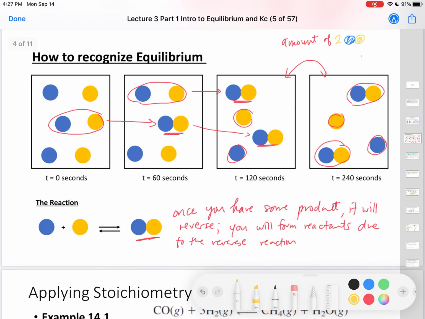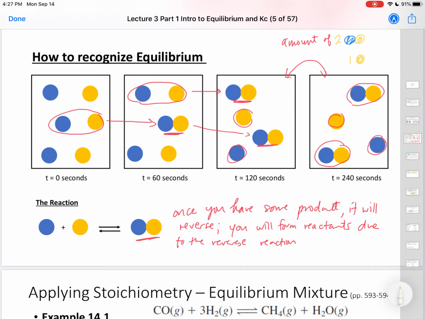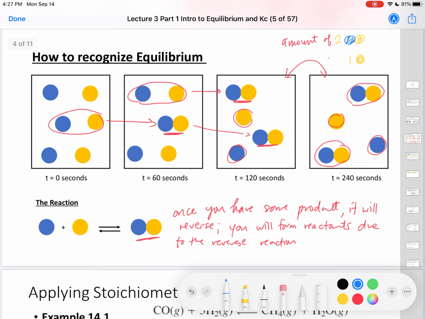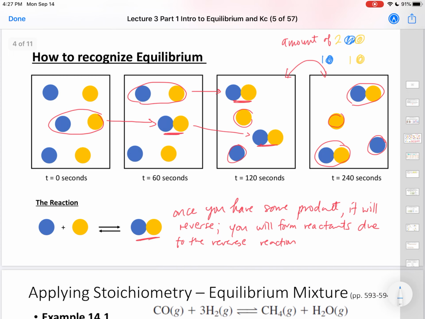And the amounts of your singular yellow is 1, and the amount of your singular blue is 1, okay? They're the same, okay? That's how you know that it has reached equilibrium, okay? So this is your equilibrium situation, okay? You're looking for two windows that have the same amounts of reactants and products.